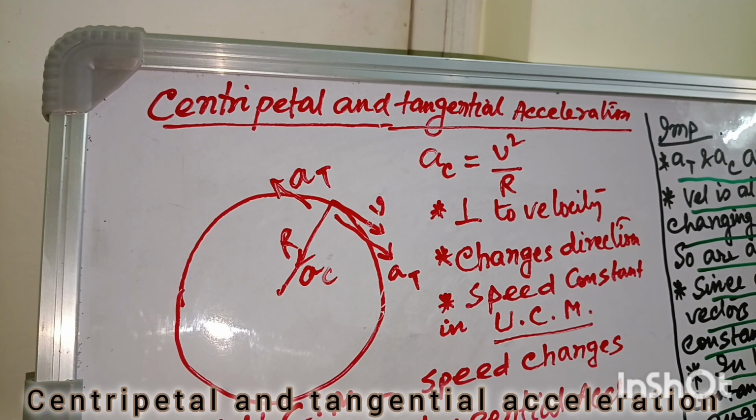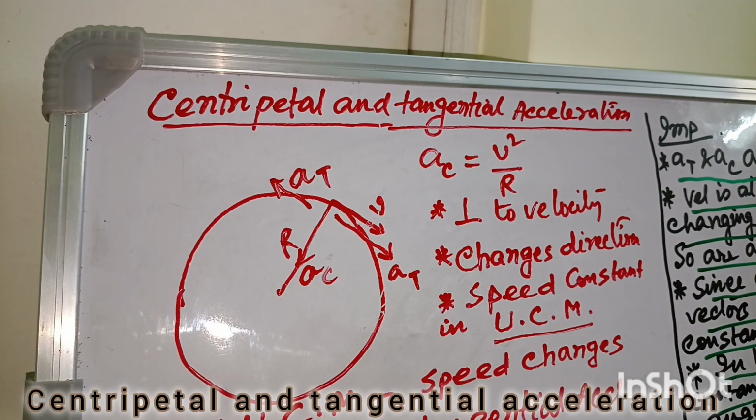The component which is in the line of velocity changes the speed. So either it increases or decreases the speed. And the component which is perpendicular to velocity changes direction. It is happening in uniform circular motion. So in uniform circular motion, there is one acceleration which is radially towards the center.